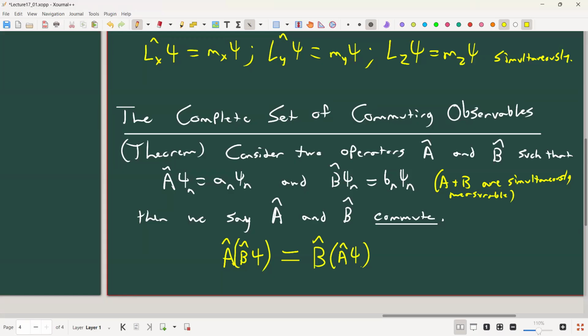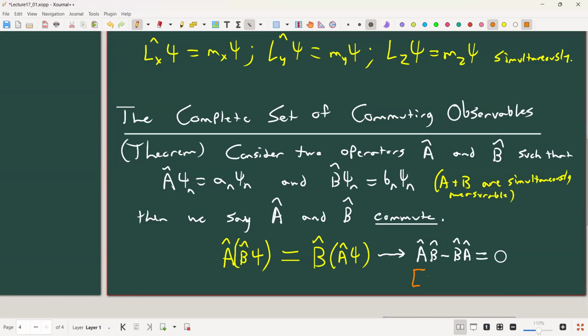Another way we write this is that AB minus BA is equal to 0. And if we want to be even more pedantic, we call this the commutator, which is a bracket A comma B. This is just some notation. We say that the commutator of A and B is 0.